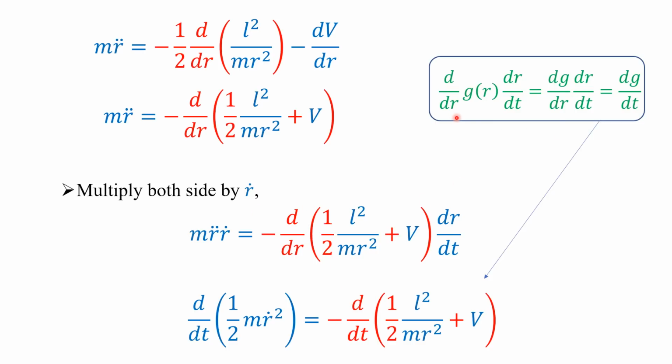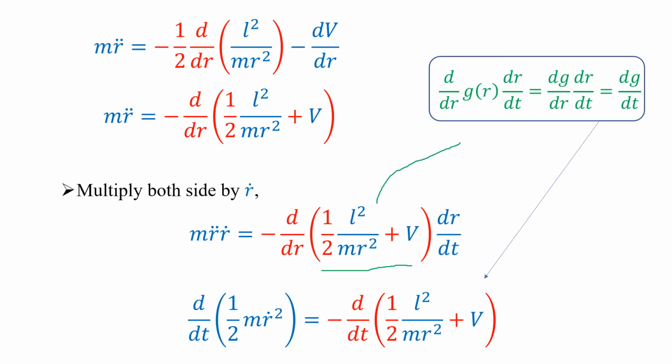So d by dr of g of r, this entire thing inside the bracket, is considered as g of r. That is, you can see these two terms we are taking as g.